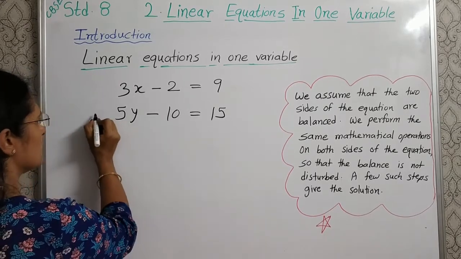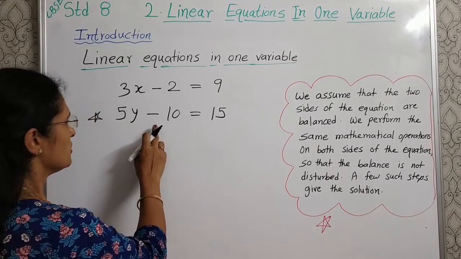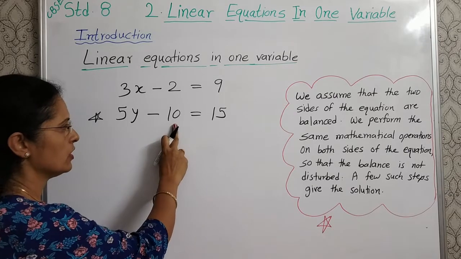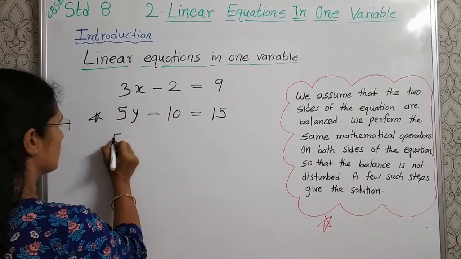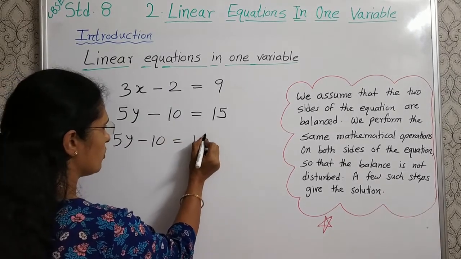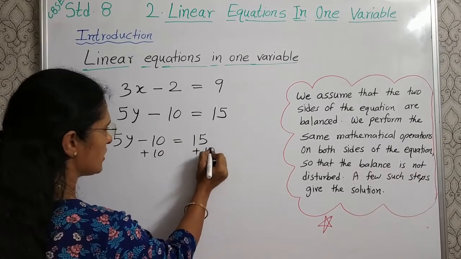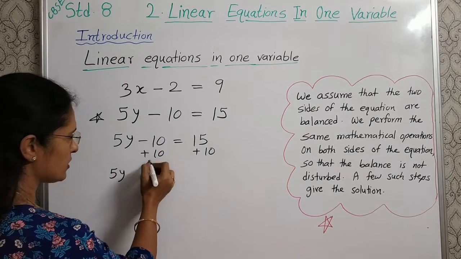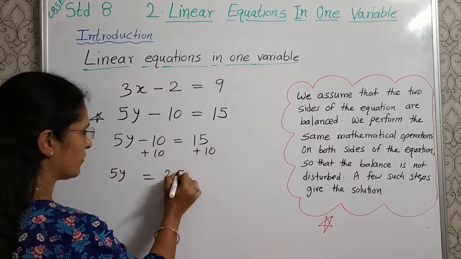Now we'll solve this equation. See, in the LHS part minus 10 is given. Now we'll do plus 10 on both sides. 5y minus 10 is equal to 15. So if you do plus 10 here and plus 10 here, then you will get 5y, this minus 10 plus 10 will get cancelled, 15 plus 10 is 25.